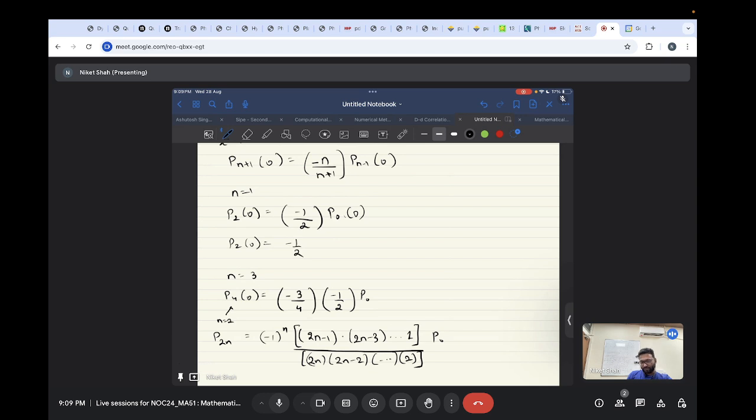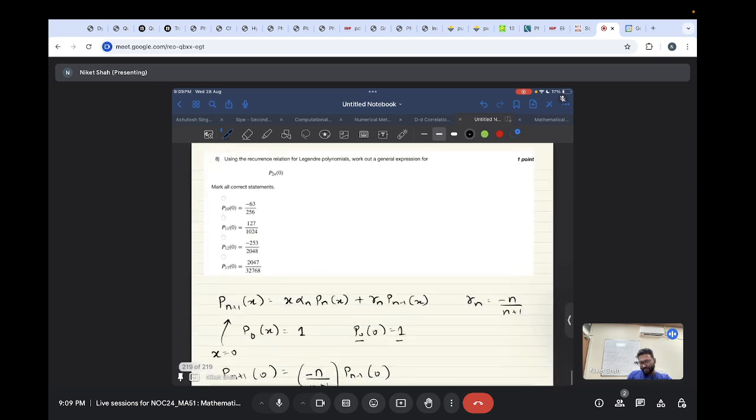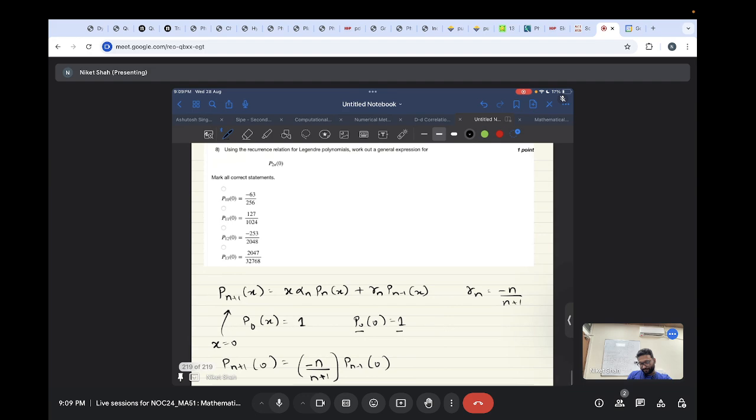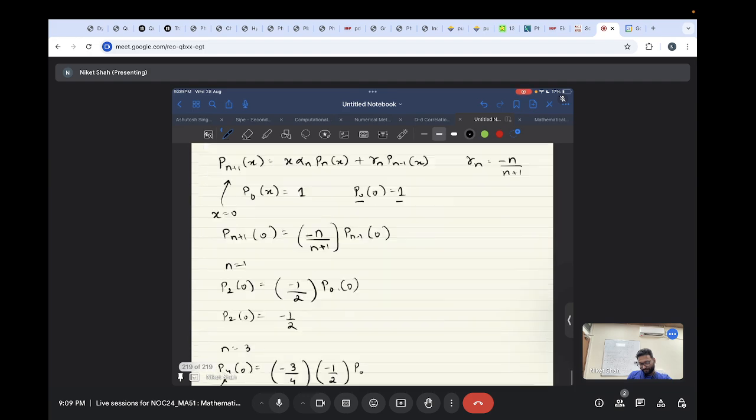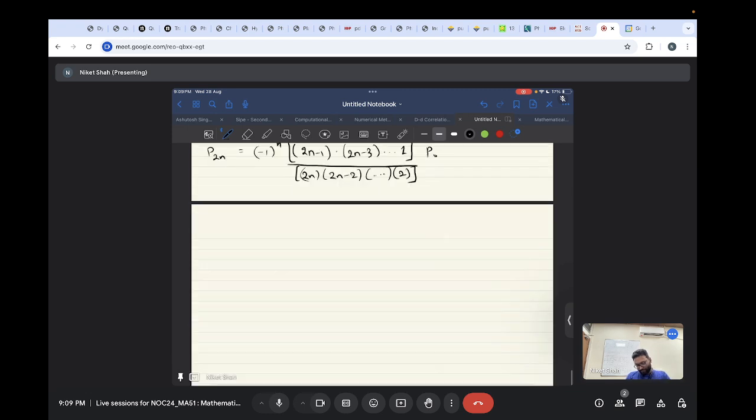Now what we want is, say, for P10. For P10, basically put n equal to 5.